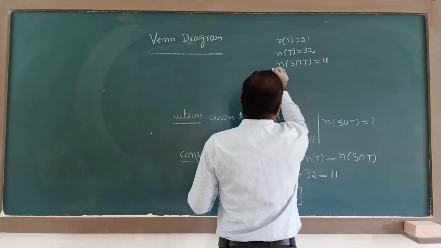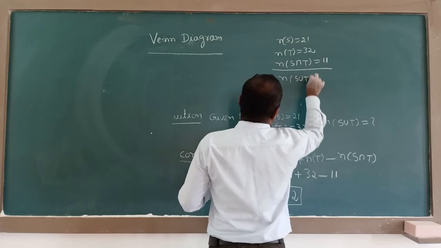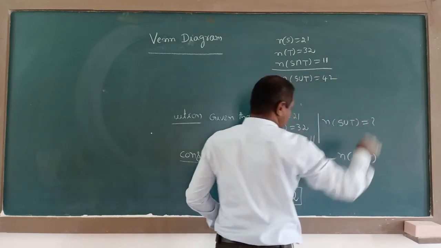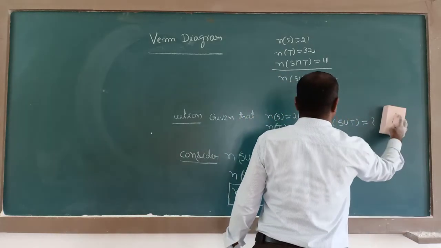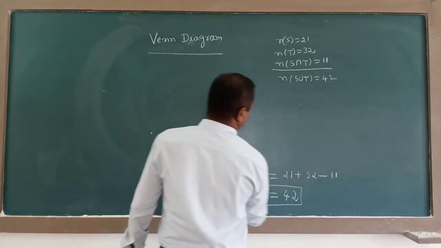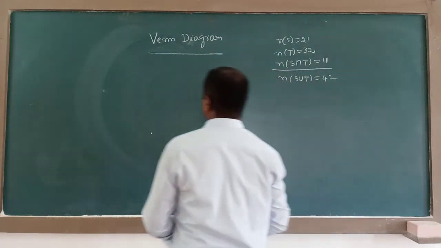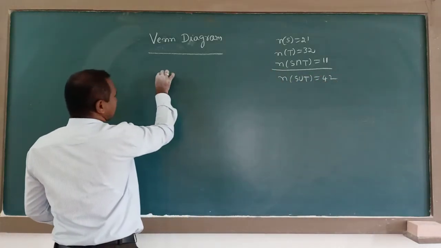With the help of that, finally we should get n of S union T is equal to 42.